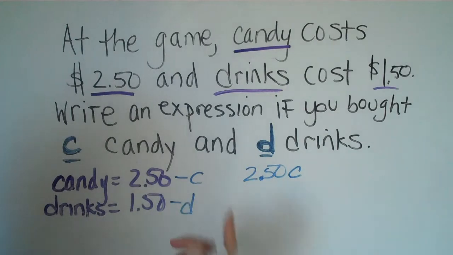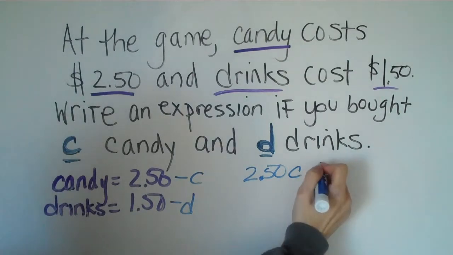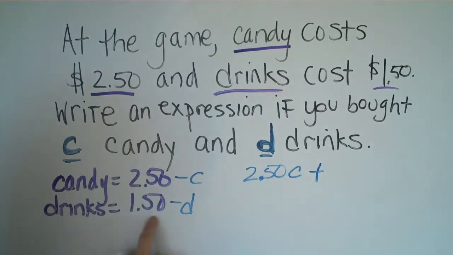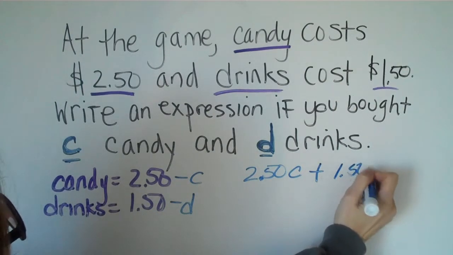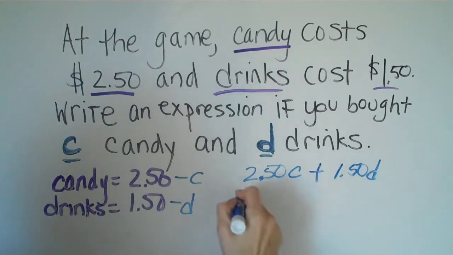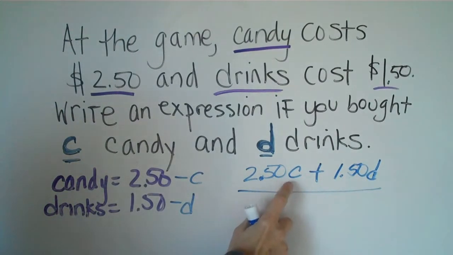If we knew we bought 2 boxes of candy, then it would be 2 times $2.50. But now we don't know how many, so it's $2.50 times C. But we're going to add to that how many drinks we are buying. We don't know how many, but we know it's $1.50 for each drink, so it would simply be $1.50 times D, and that would be our expression, $2.50C plus $1.50D.